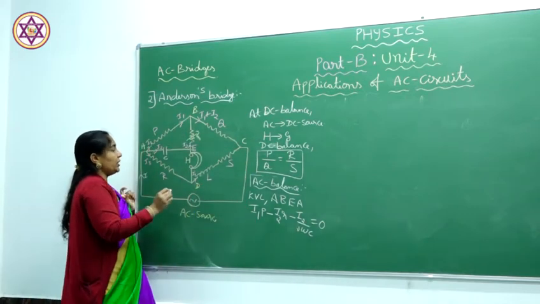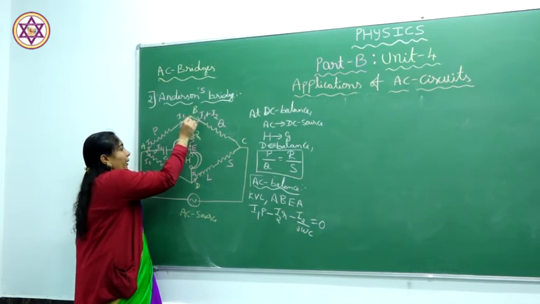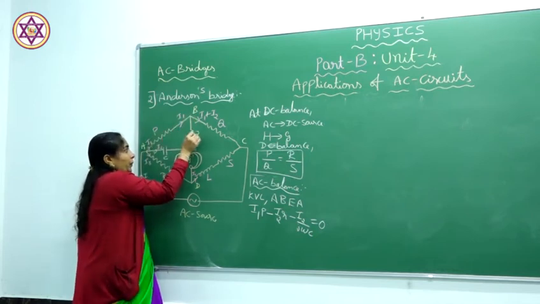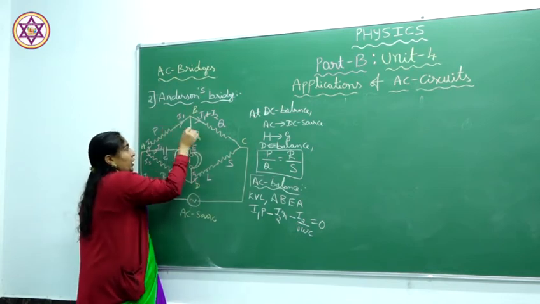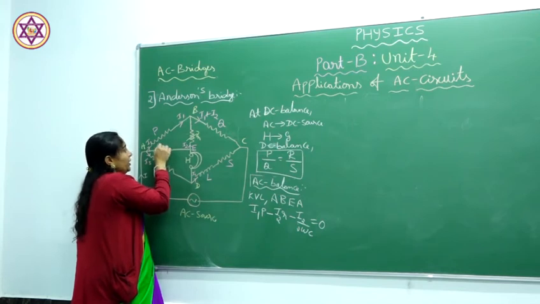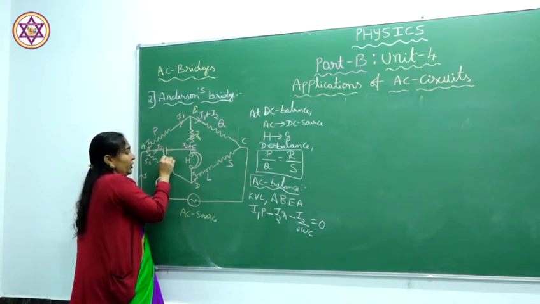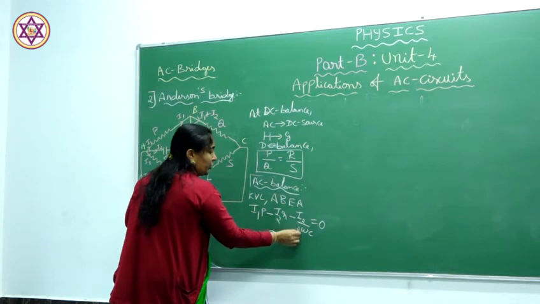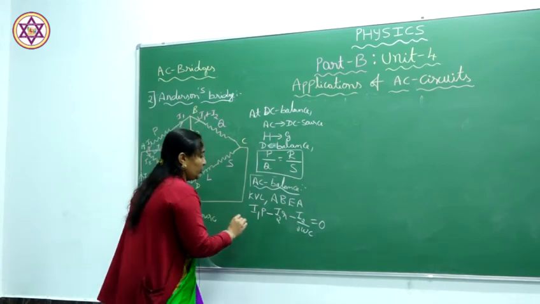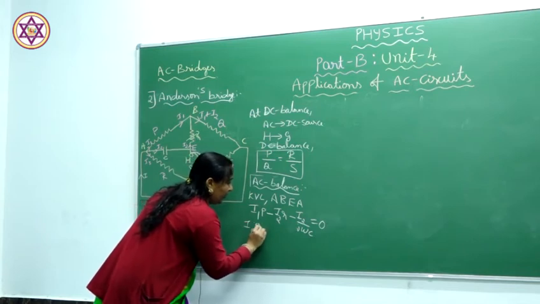When we apply Kirchhoff voltage law to the loop A, B, E, A, I1 into P, minus, because I1 is opposite to I2, therefore R into I2, minus I2 into the internal resistance 1 by j omega C should be equal to 0, or it can be written as I1 P.